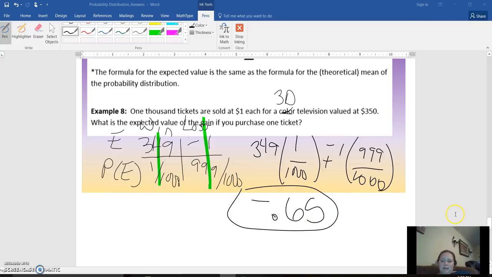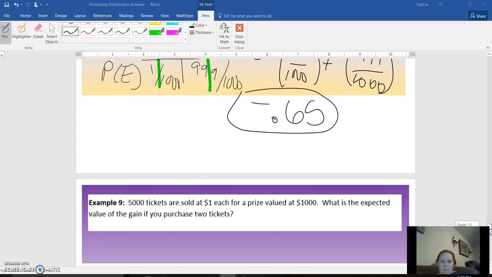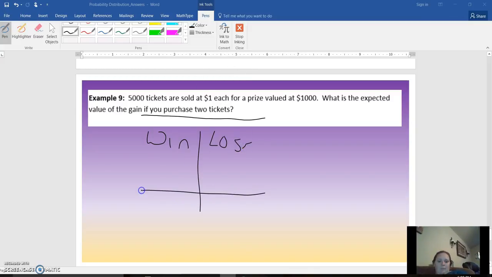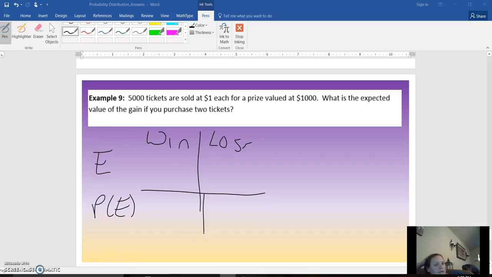All right, let's do another one just like that. All right, 5,000 tickets are sold for $1 each, and the prize value is $1,000. What's the expected value? So if you win, if you lose, event, probability of the event. So if you win, you've won $999.